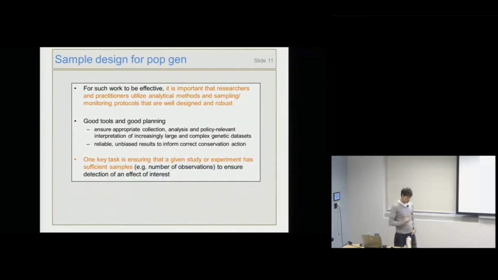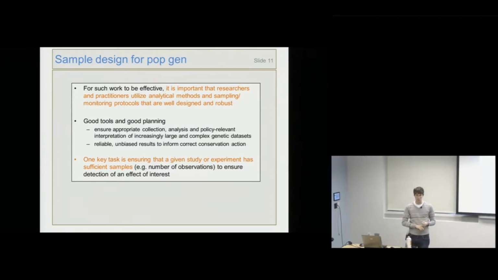So that was just to give you an overview of the processes that I'm interested in. These are three realms that a lot of conservation geneticists are working in. For these kinds of studies to give us correct information that can inform conservation actions, these studies need two things.